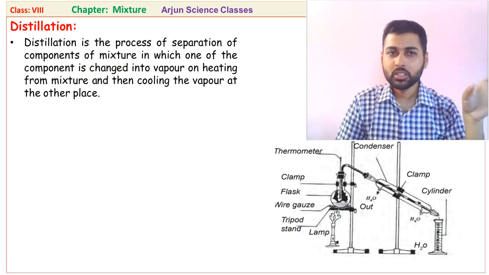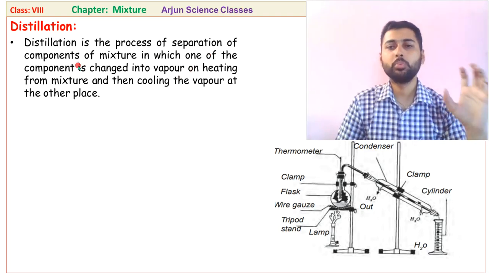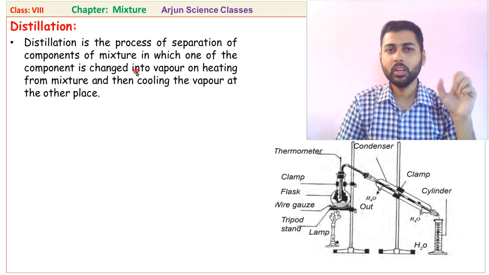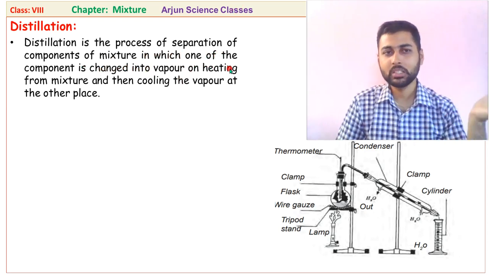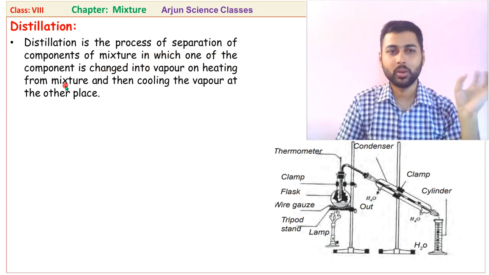Distillation is the process of separation of components of the mixture, in which one of the components is changed into vapor on heating from the mixture, and then the vapor is cooled at another place.